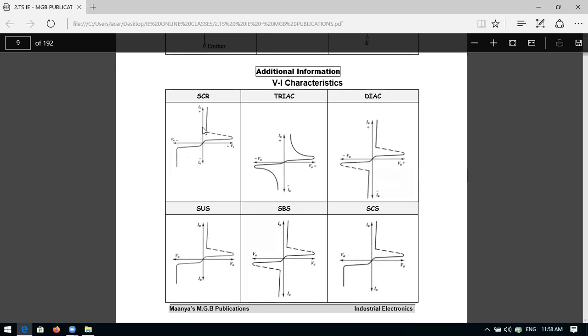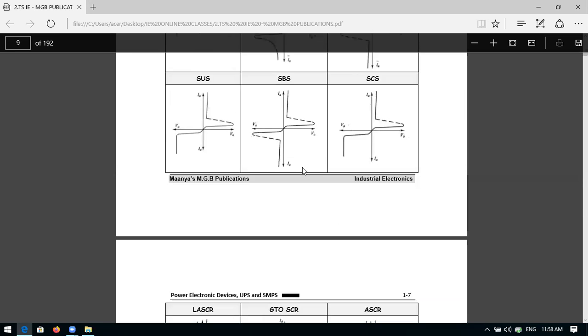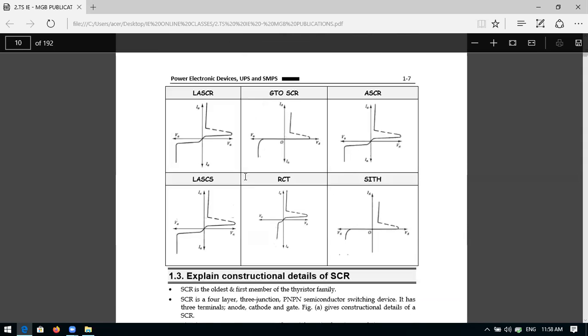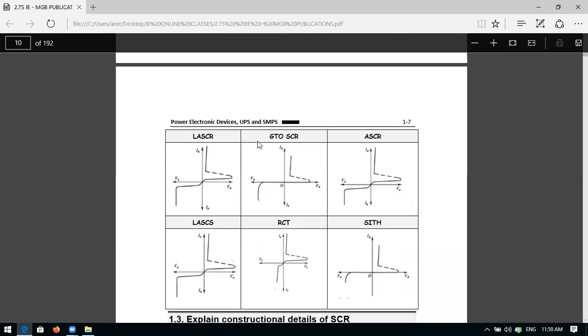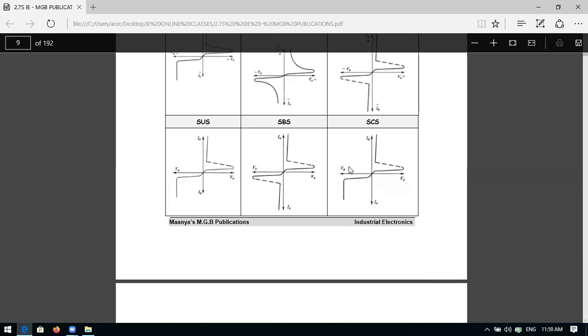In the next classes I will briefly explain how the SCR behaves like this. We will see the characteristics one by one by discussing each and every device, so just observe what the difference is.